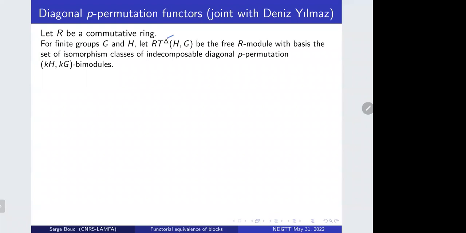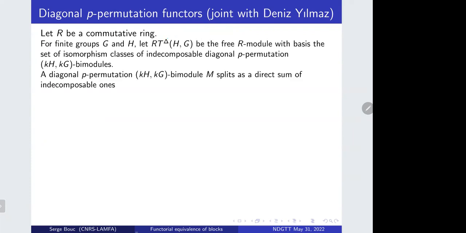Here the delta stands for diagonal, and T is everything which remains from the trivial source terminology I mentioned some minutes ago. If we have two finite groups like this and an arbitrary diagonal p-permutation KH-KG bimodule M, we can split it as a direct sum of indecomposable ones, and it gives us a corresponding element of that group, that we denote with square brackets around M.